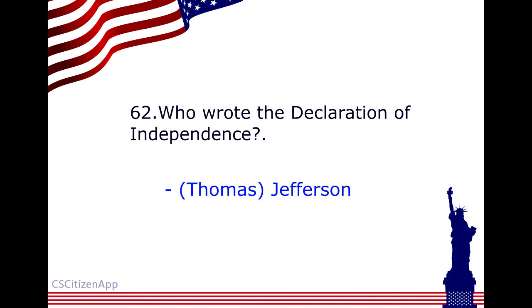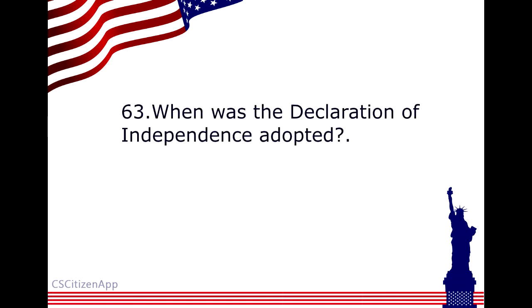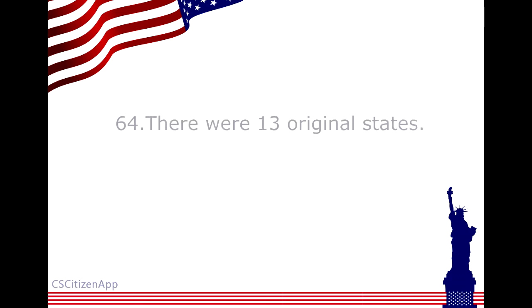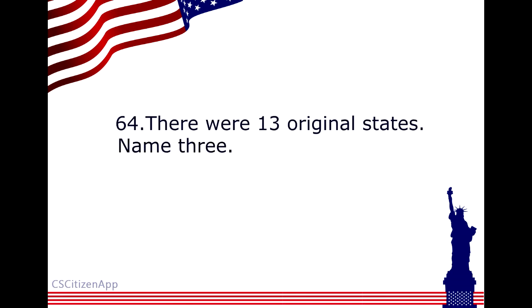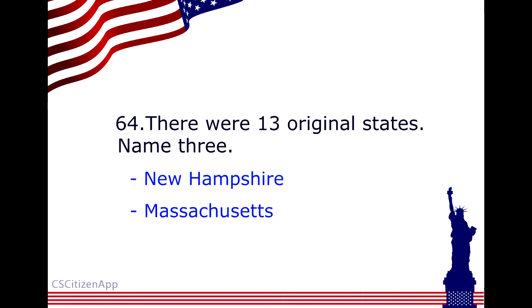Thomas Jefferson. When was the Declaration of Independence adopted? July 4th, 1776. There were 13 original states. Name 3. New Hampshire, Massachusetts, Rhode Island.